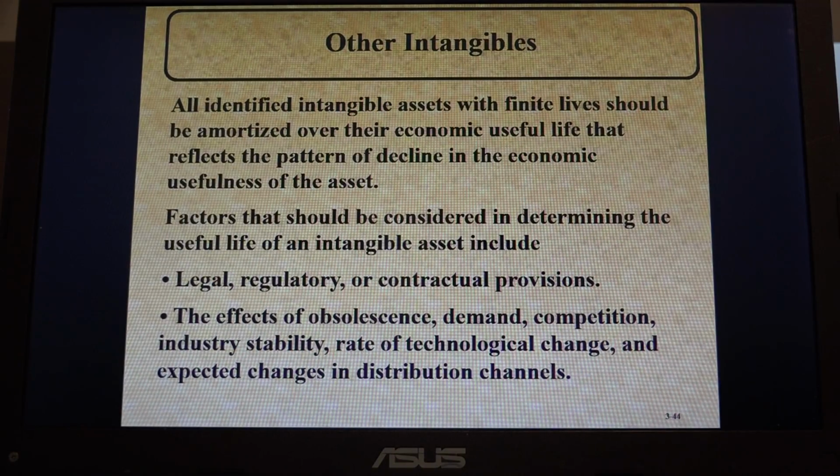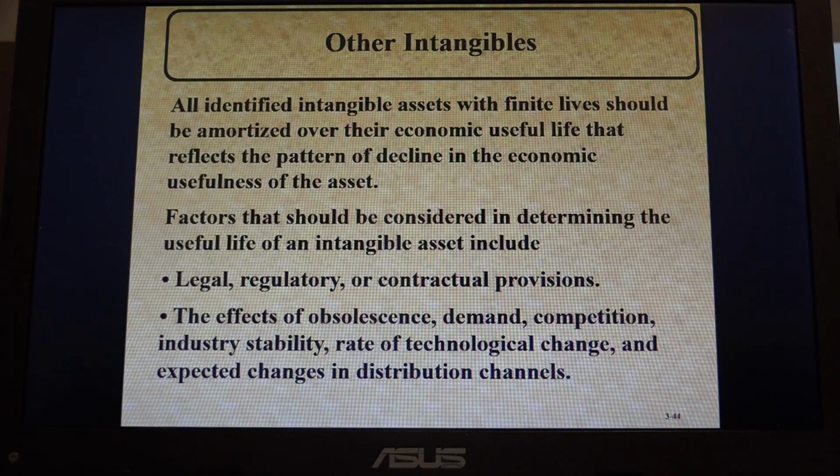And in that example, the trademarks had an indefinite life. Well, it's an intangible asset. It's got an indefinite life, so we can't amortize it. For example, in that same example, they had patented technology which had a finite life of 10 years.